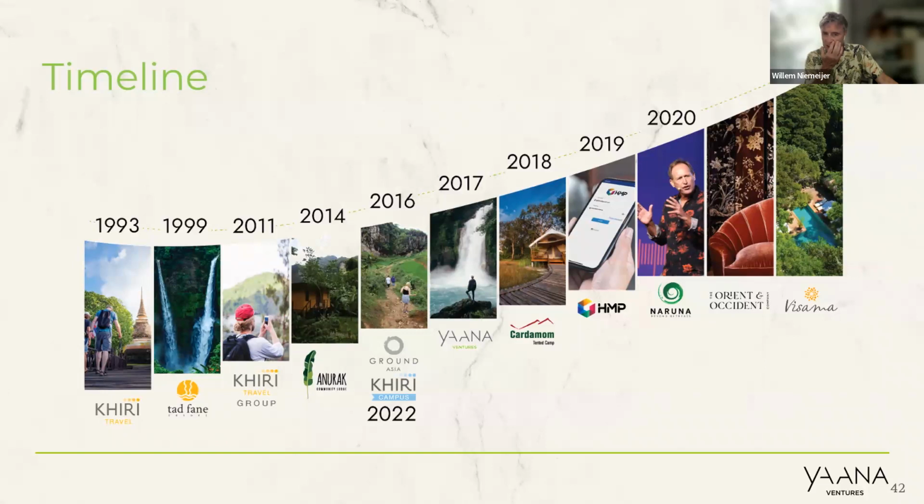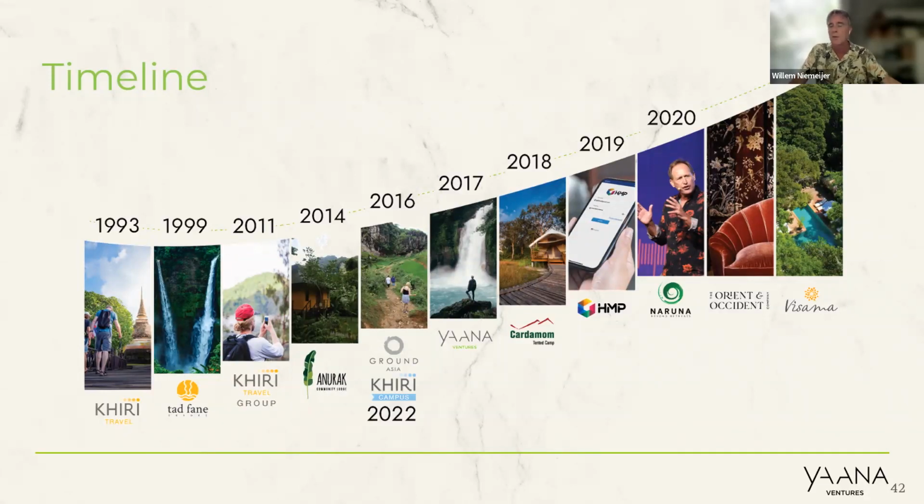As I said, we started in 1993. This year we are celebrating 30 years. That is with our core company, Kiri Travel, and that was also the foundation for building several other companies. I'll focus a little bit on the eco lodges that started already in 1999 with the building of Tat Phan Resort in the south of Laos.